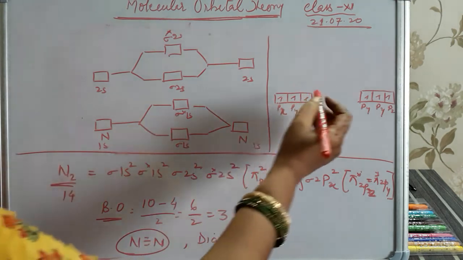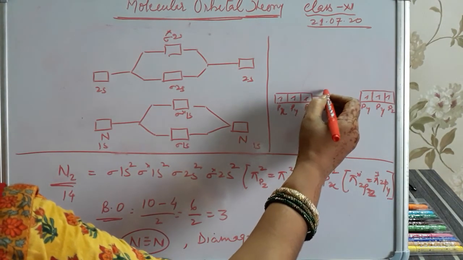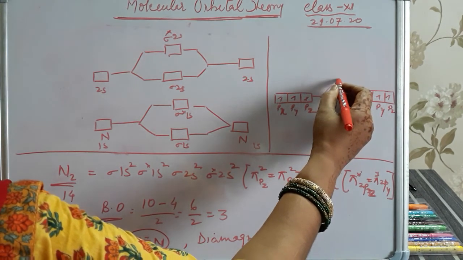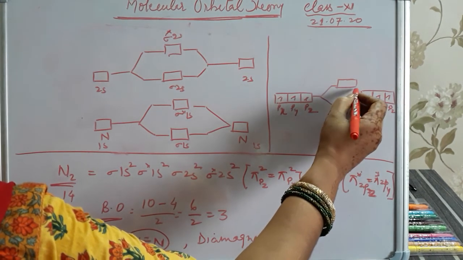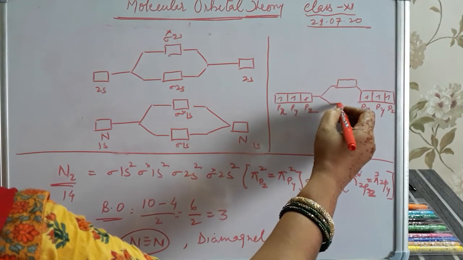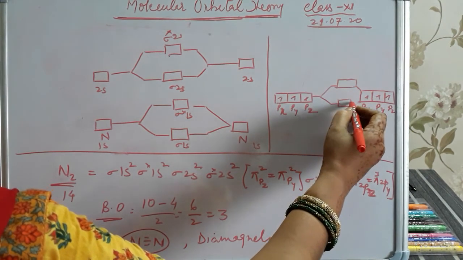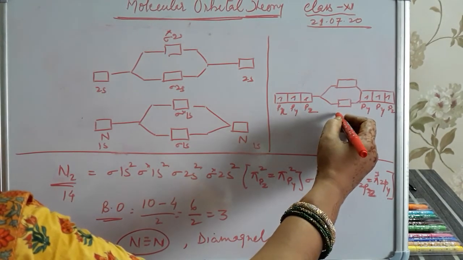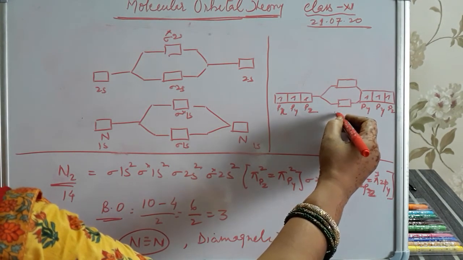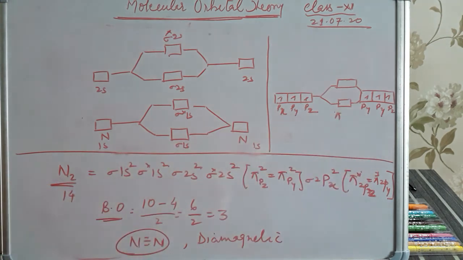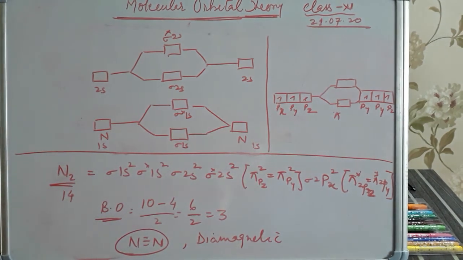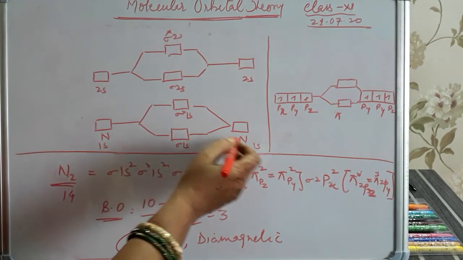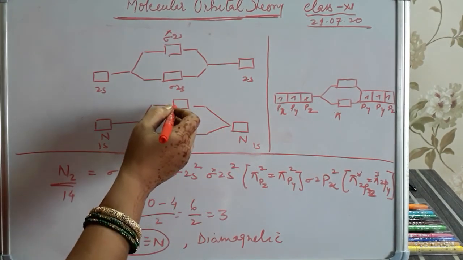So at first, this is 1s, this is 1s, sigma 1s and sigma anti-bonding 1s.